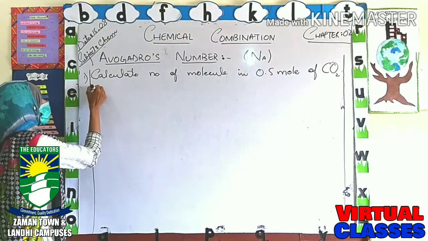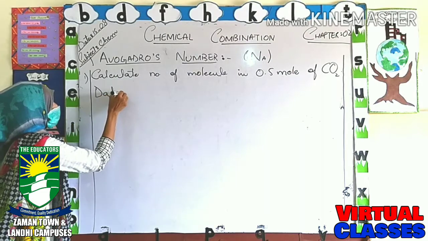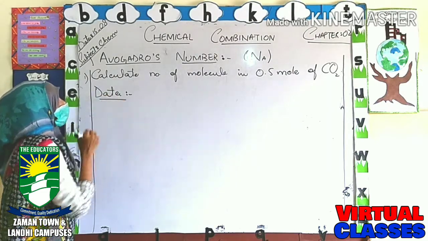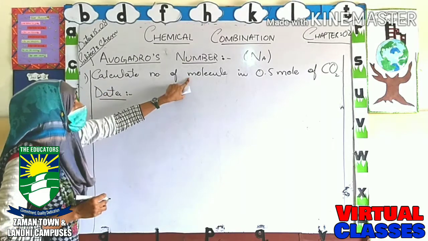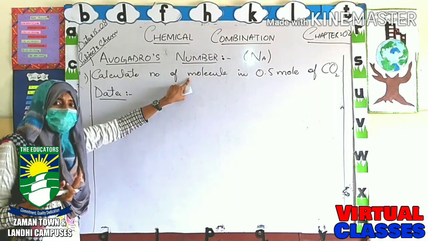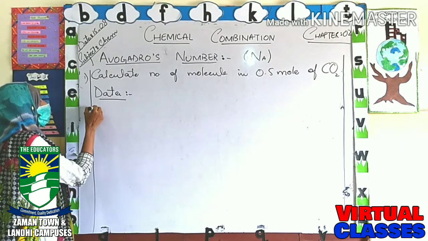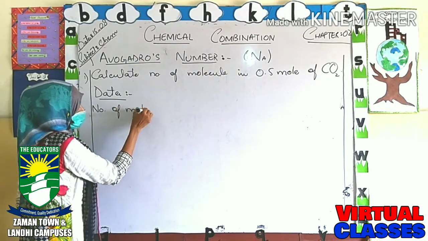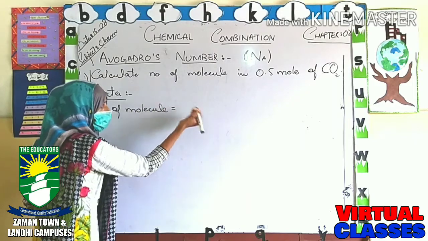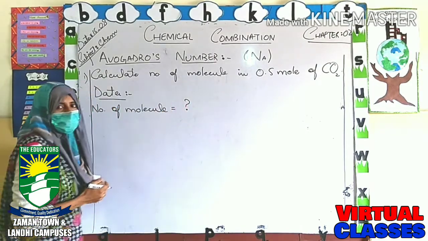Firstly, make the data by reading the question. They are saying calculate the number of molecules. What are they saying to calculate? Number of molecules. We don't know it, so question mark.